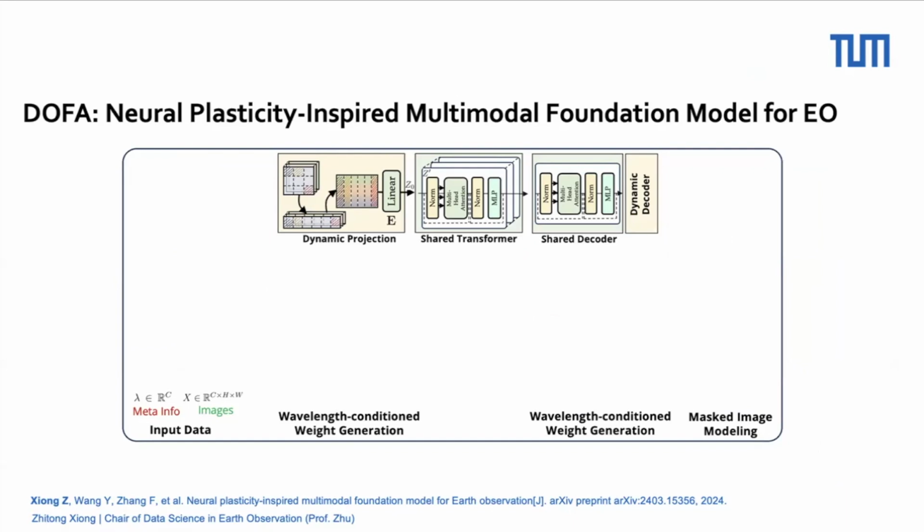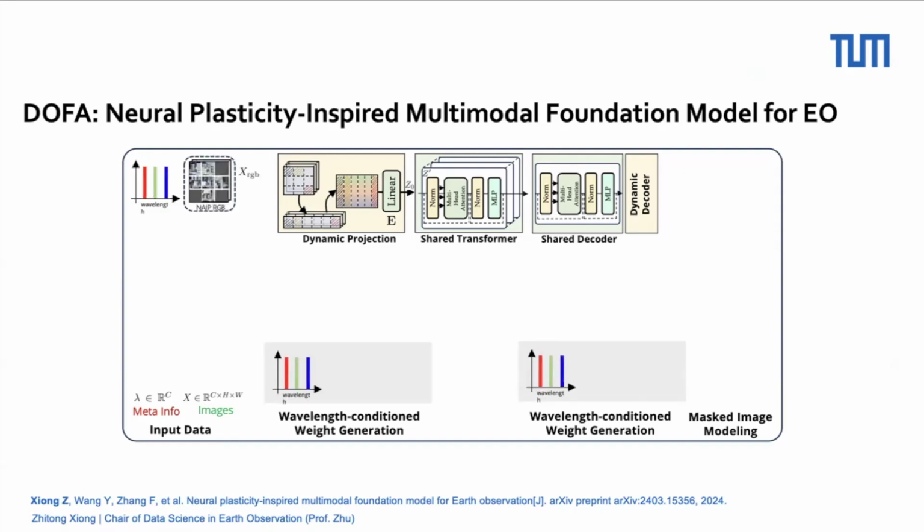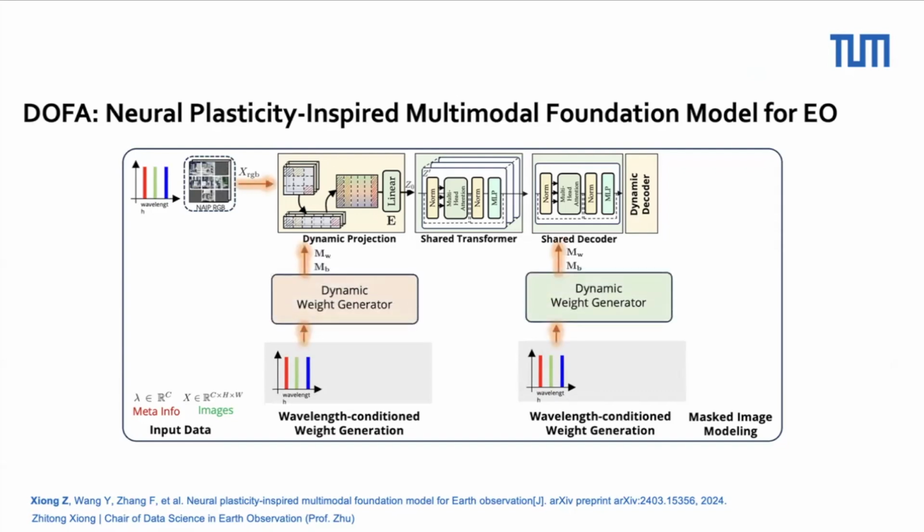And we also have a shared decoder and a dynamic decoder to reconstruct the image with different numbers of spectral bands. And for example, as we input the NAIP data with RGB bands, the wavelength-conditioned weight generation process will generate the weights to reconstruct the input NAIP RGB data.